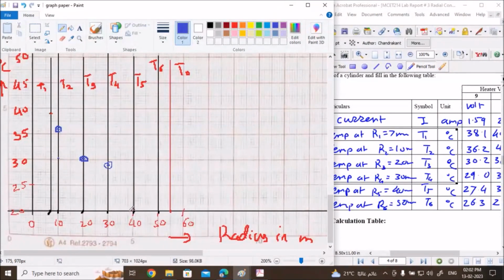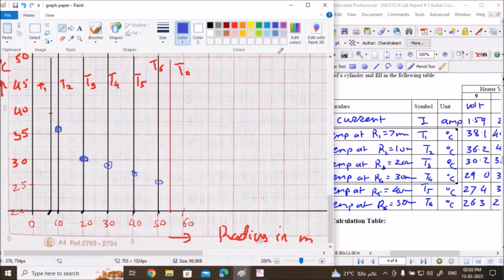Then for 40 millimeter length, temperature is 27.5. So after 25, 26, 27 and a half line. Then at 50, 26 means two lines less.